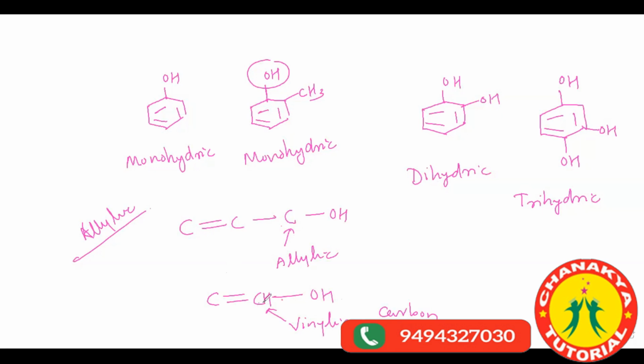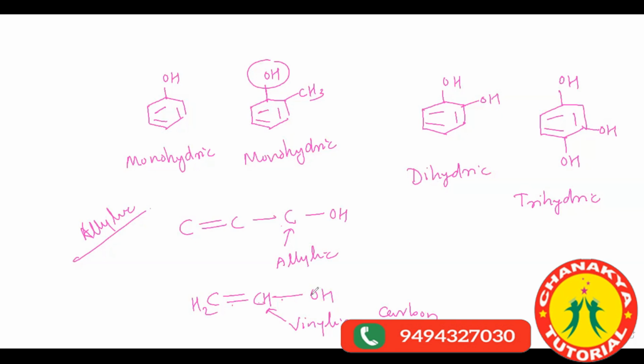So because of that, I have written here H. 1, 2, 2 remain. So I'm going to write here CH2. Right? So this would be what? Vinylic alcohols. Right? So if the OH group is bonded to the carbon-carbon double bond directly, that carbon is called vinylic carbon, or those alcohols are called vinylic alcohols. Understood?